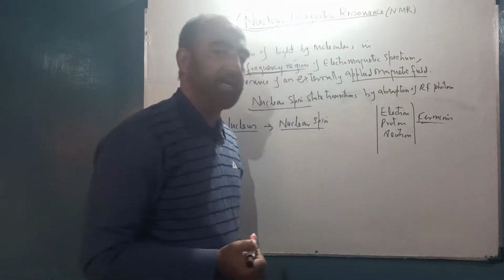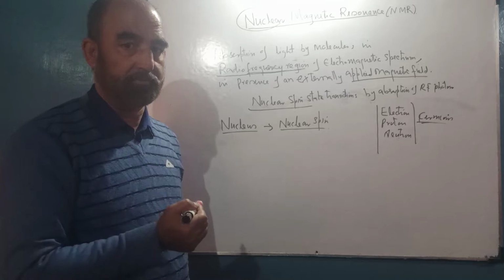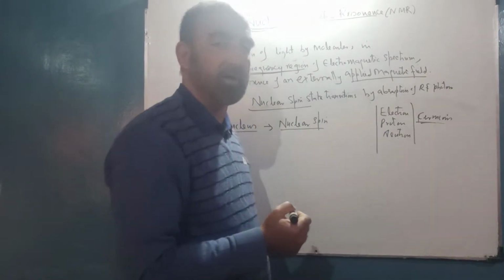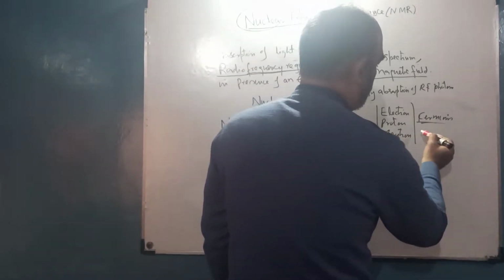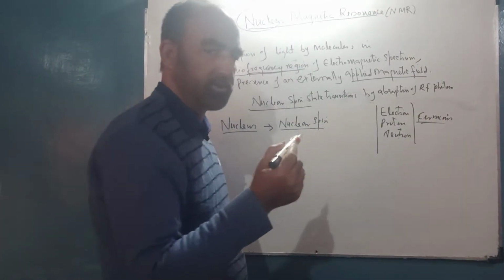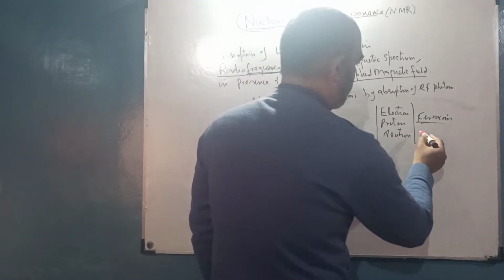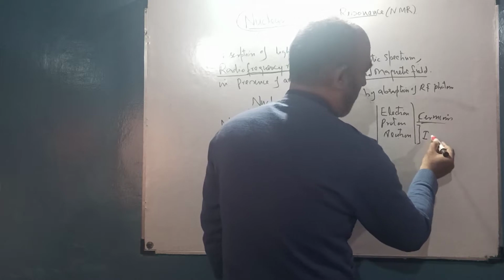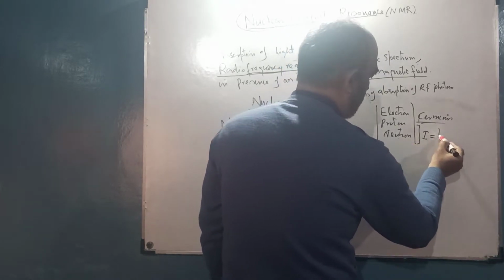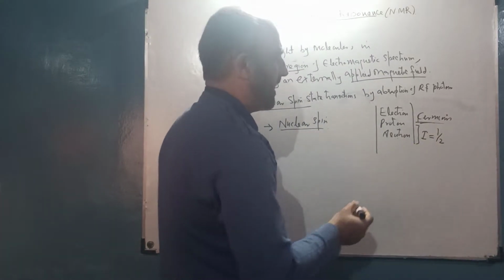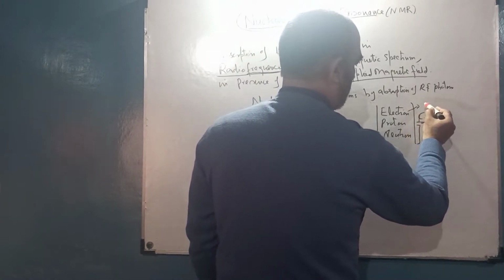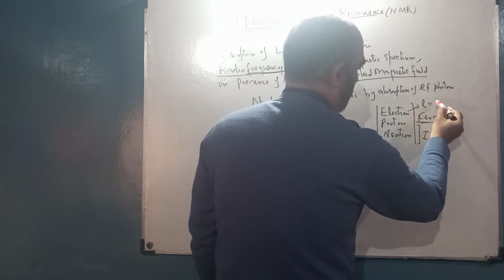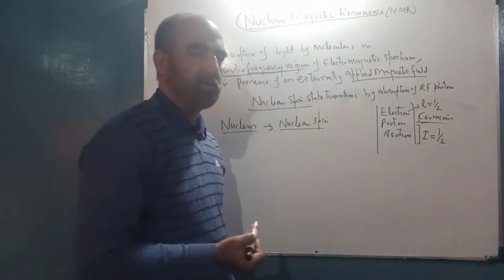And we know that fermions are different from bosons in that they have a net spin of half unit. We can designate the spin quantum number of protons and neutrons by I, and the I value for protons and neutrons is 1/2. In the same way for electrons also, the spin quantum number usually used is S, and the S value for electrons is 1/2.